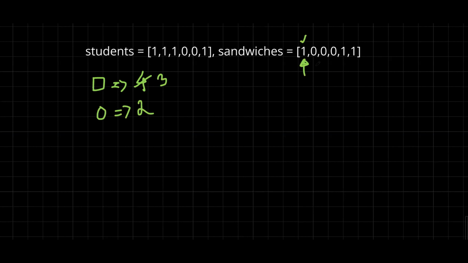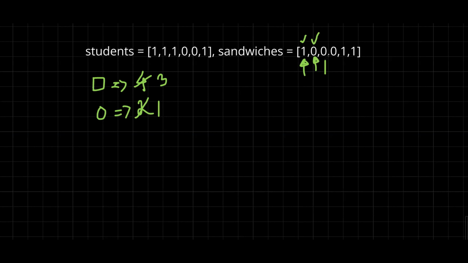Now for this 0, we will check whether there are any students available who can eat this circular sandwich. Yes, there are 2 students available who can eat a circular sandwich. So one will eat it. Then the circular sandwich preference students will become 1.